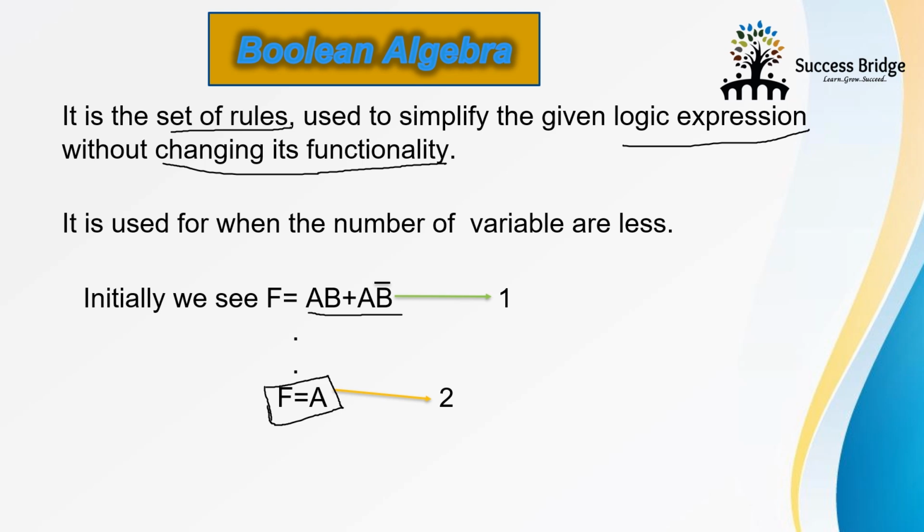From equation 1 and equation 2, we can conclude that the first expression uses 4 logic gates, whereas in the minimized logic expression only one gate is enough to make the function. But we are not changing the functionality. The functionality is not changed. Without changing the functionality, we minimize our expression.